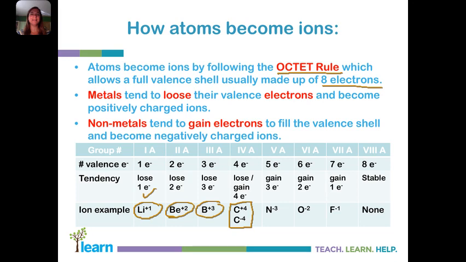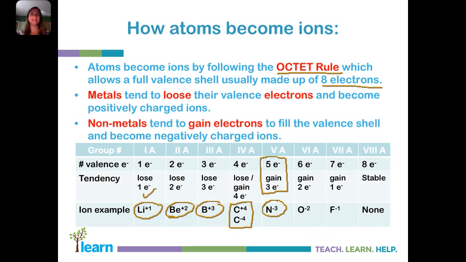They will not lose those electrons because it takes too much energy. They will gain electrons in order to fill the octet rule and end up with 8 valence electrons. By doing so, they become negatively charged ions.